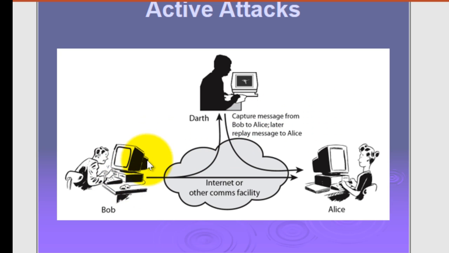That is a denial of service. Then Bob is inconvenienced in doing his regular work. So these are the different types of active attacks.